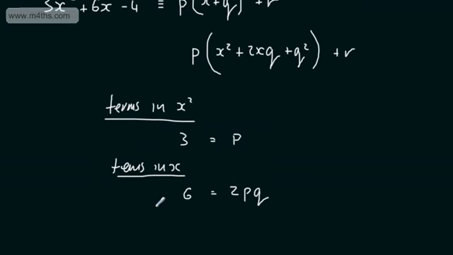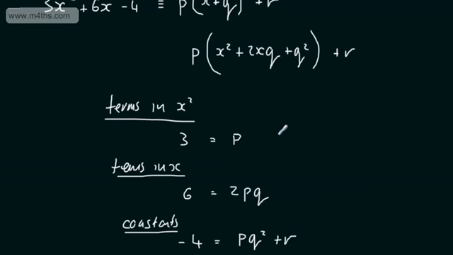If I now look at the constants, the terms without an x, minus 4 on the left, and then on the right hand side we've got pq squared plus r.